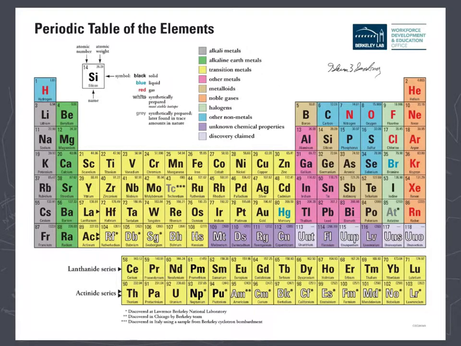So period 1 only has one energy level of electrons. Period 2 has 2 energy levels of electrons. Period 3, 3 energy levels, etc. So by knowing what period your element is and what group your element is, you can tell what energy levels the electrons are in, and also how many valence electrons you have.